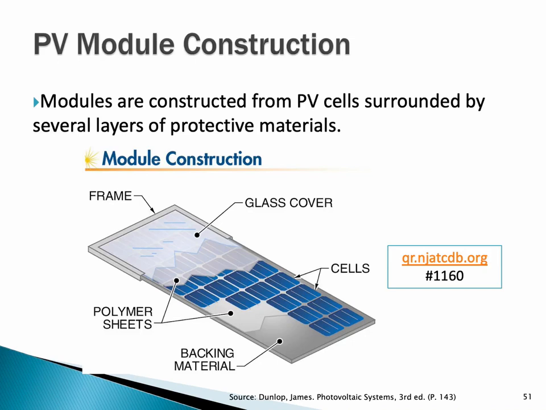The cells themselves are laid out and soldered together in series to make one great big giant chain, each cell putting out approximately half a volt, and those are encapsulated in a polymer sheet. And then on the back side, there's a white or black back sheet called Tedlar. And then an aluminum frame, which could be clear aluminum, or it could be black or bronze or some other color.